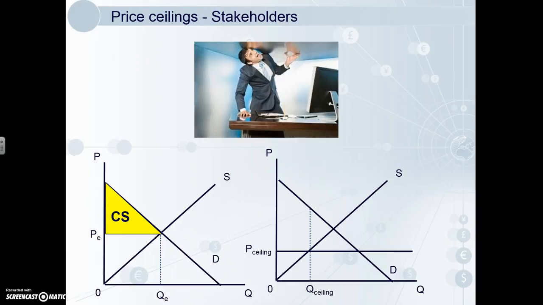So we've got whatever consumers are willing to pay compared to what they have to pay. So we get this whole area now as consumer surplus. So they've lost this bit here, this end of the triangle, but then they've gained this bit here due to the lower price. So losing due to the lower quantity, winning due to the lower price.